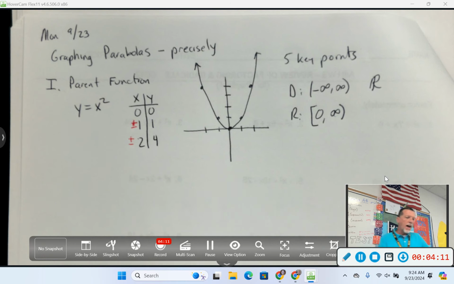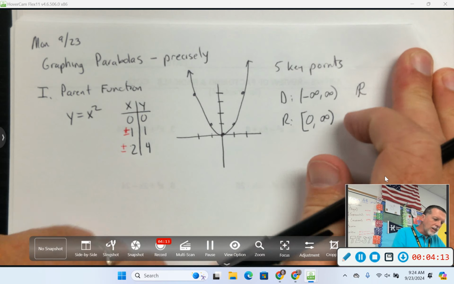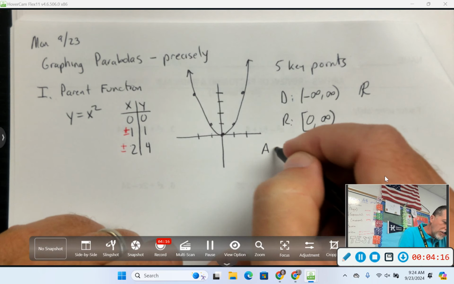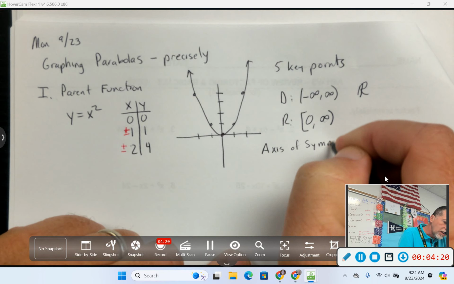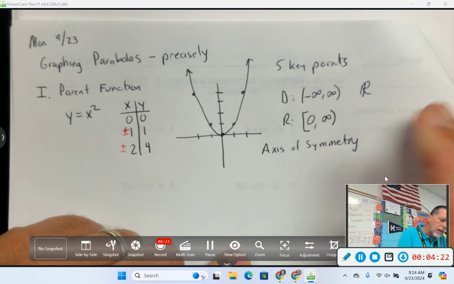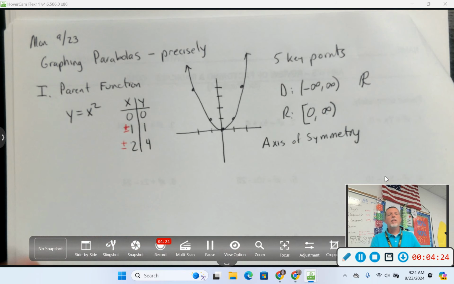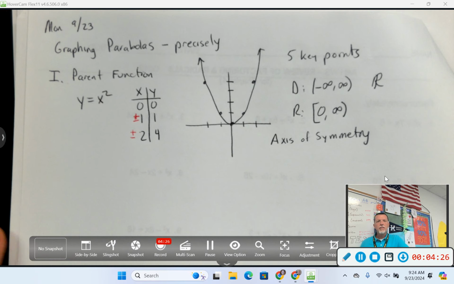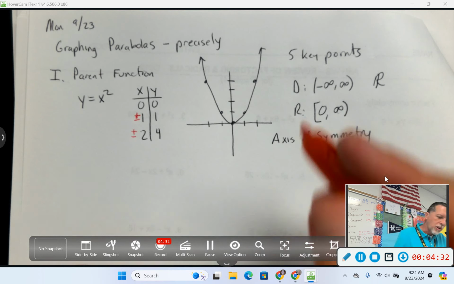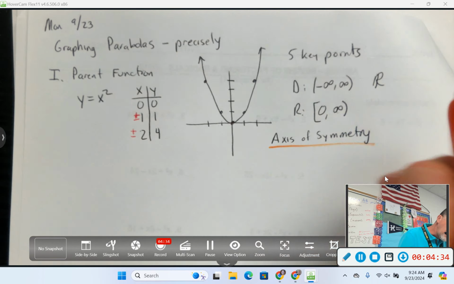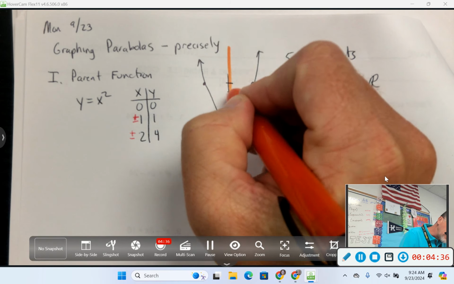One more thing we'll ask for that I haven't used the phrase yet, but I bet you can figure out what it's talking about: the axis of symmetry. So is that a new thing for today? Well, we haven't used the phrase yet, but the axis of symmetry is the line that makes the parabola symmetric.